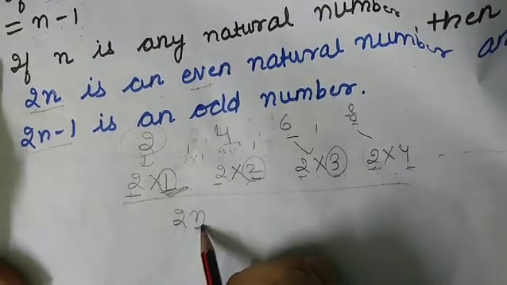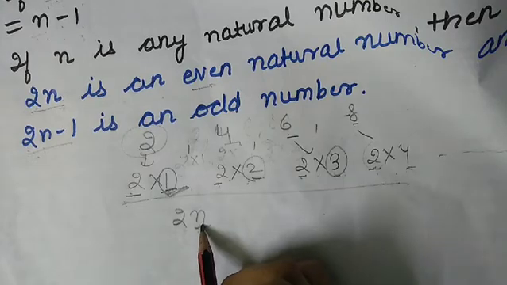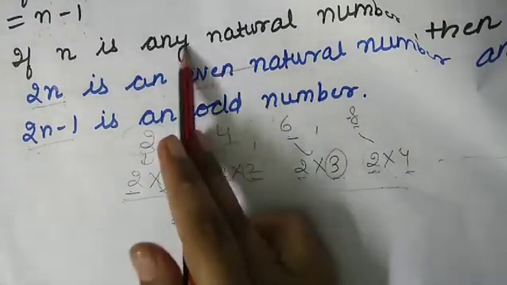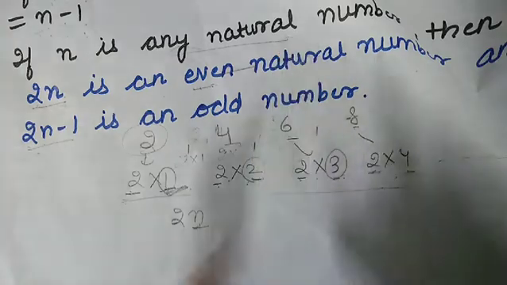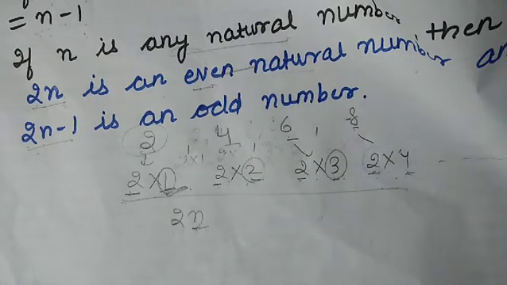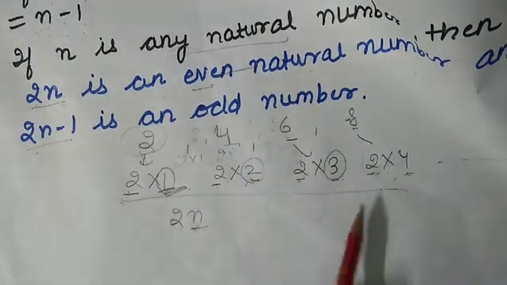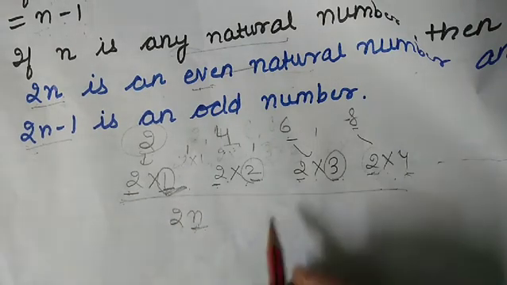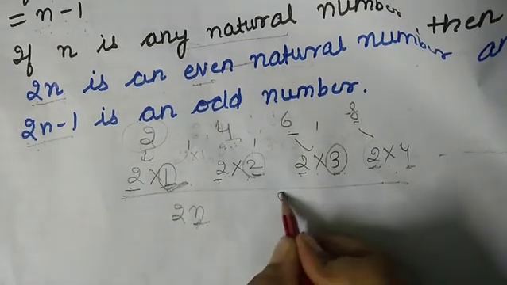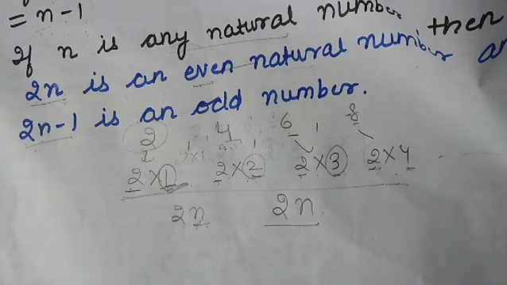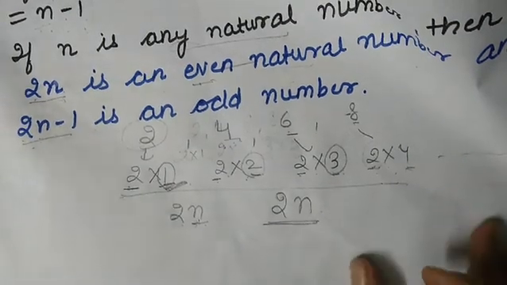Then put n equals 3, and so on. Since n is any natural number, I will put each and every natural number and get the series of even natural numbers. So in general, even numbers can be written as 2n.